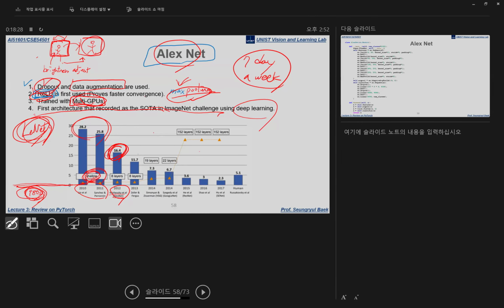For example, this is the human class, okay? Even though their brightness is adjusted, this image still contains the human. And even though you flip the images in the left-right direction, those images still have the human as the main object.